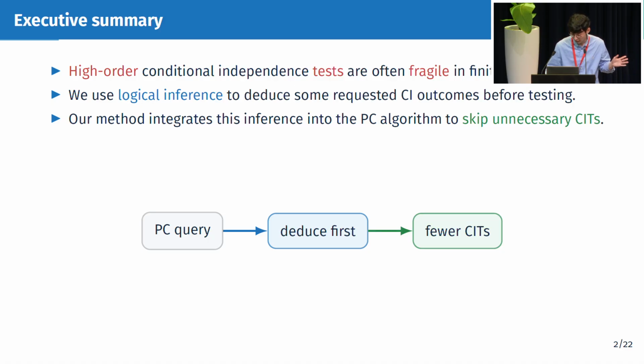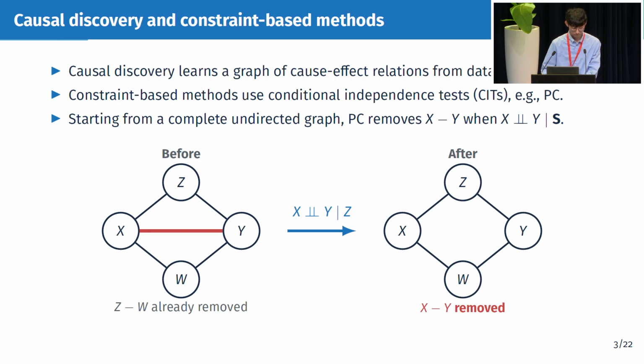Before running each statistical test, first ask whether its answer can already be logically deduced from the previous test results. We integrate this idea into the PC algorithm, resulting in possibly fewer conditional independence tests and competitive structural accuracy.